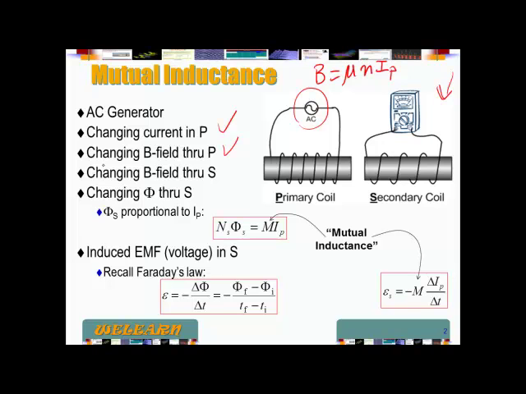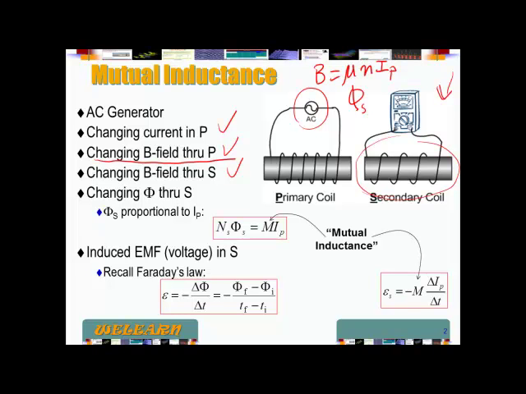That magnetic field that's produced by the primary and that is changing is going to affect the secondary coil. The secondary coil is going to experience the field that is changing. Regardless of changing or not changing, if I have a coil that's subject to a magnetic field, that means it's going to be subject to a magnetic flux.